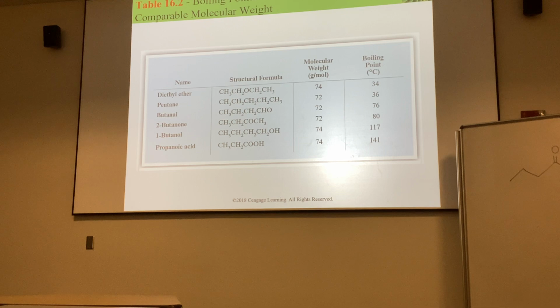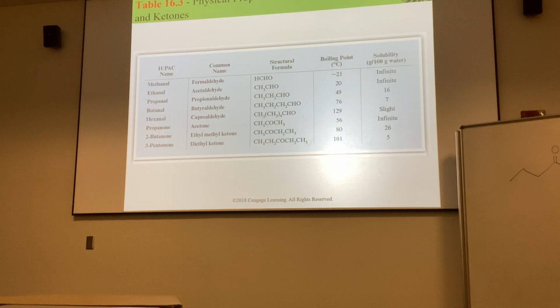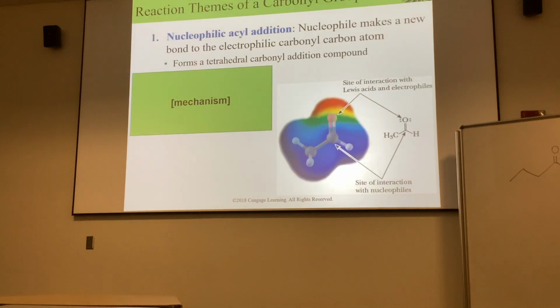Oh, wait. There should be something specific, like either they're all similar molecular weights and we've got different functional groups, or they all have the same functional group and we've got different molecular weights, different numbers of carbons. So, know those trends. Okay.